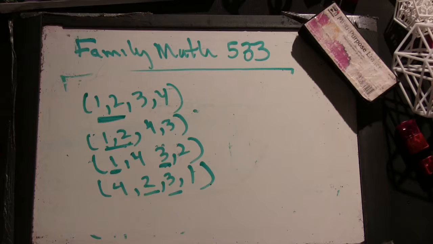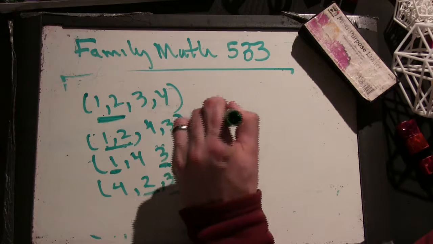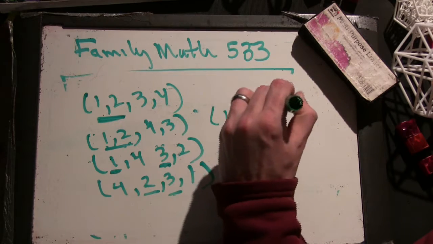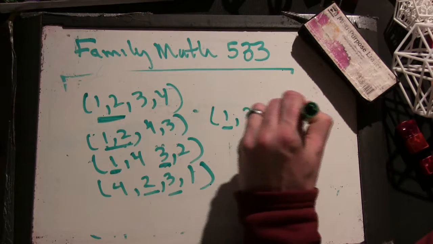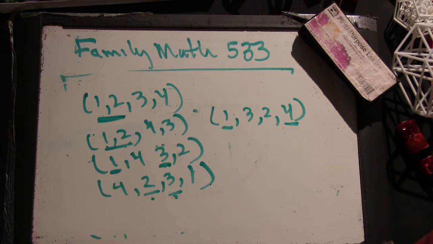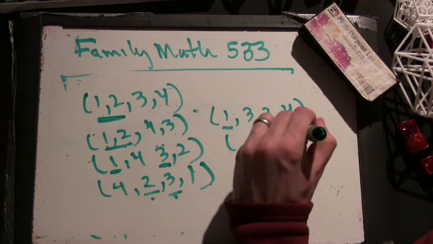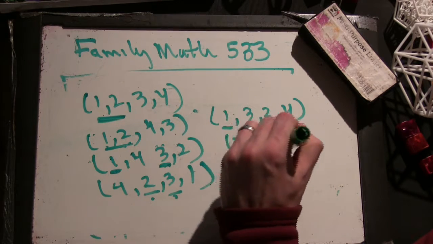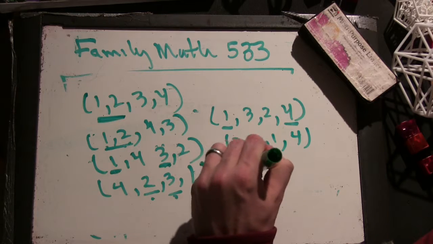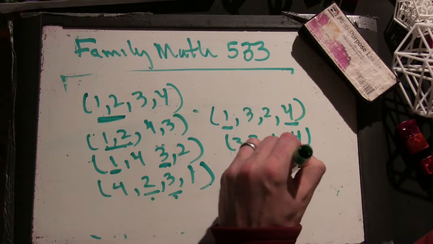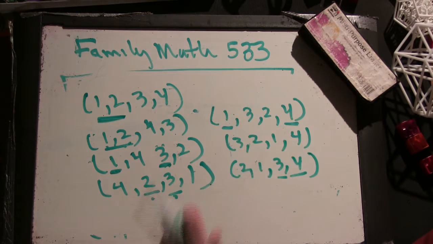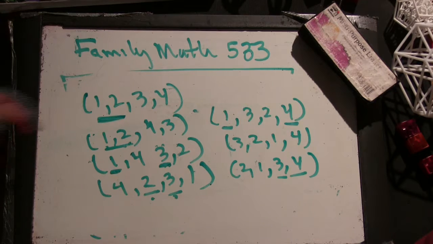Another one we could share would be 1 and 4. 1, 3, 2, 4 shares 1 and 4. Then we shared 2 and 3, and 2 and 4, and then 3 and 4. But there's only these 6 because you chose the 2.